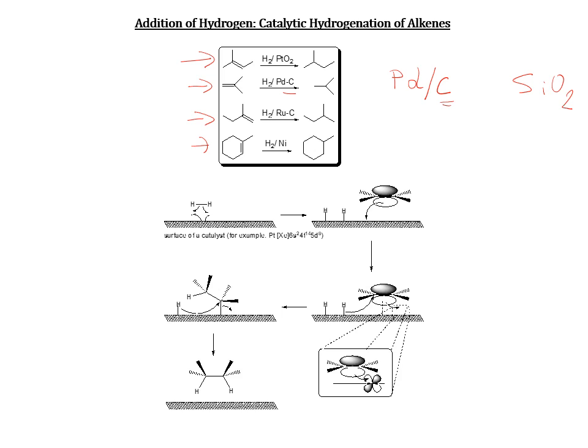Then the alkene can also attach to the surface of the metal. It donates its pi electron pair, which you can see here enlarged, to an empty d orbital of the metal, and that initially forms a pi complex, the alkene-metal pi complex.